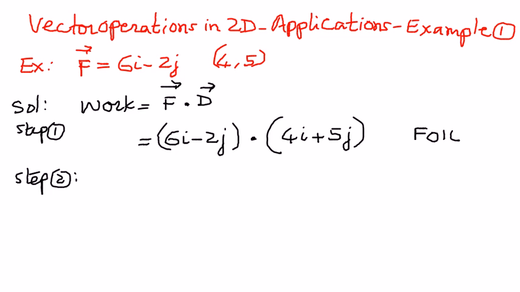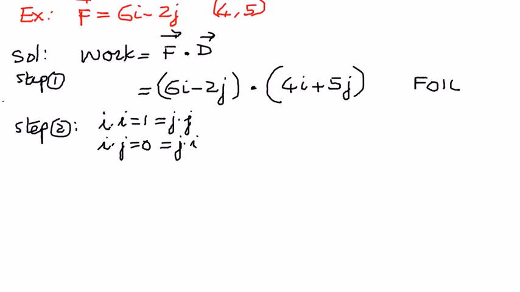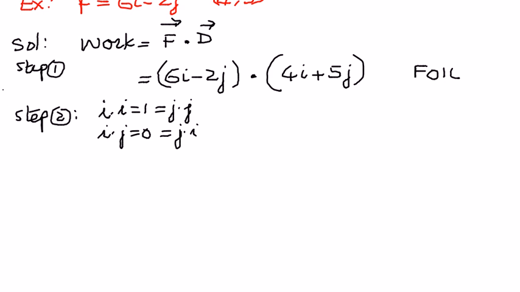We also know that i dot i is equal to 1, j dot j is also equal to 1, and i dot j is equal to 0, and j dot i is also equal to 0. So we will use this information to simplify this.